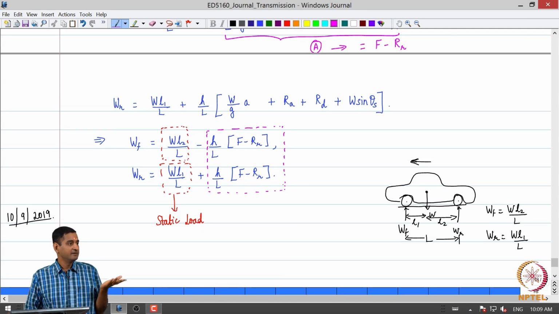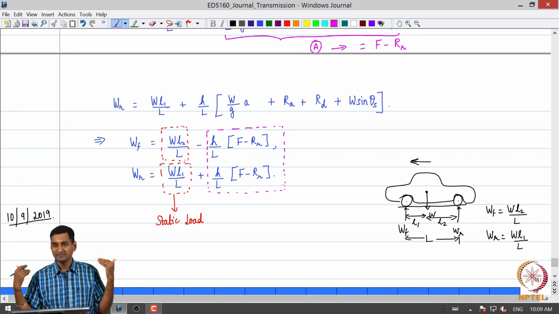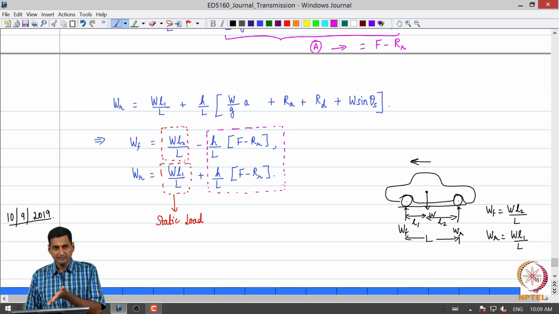Let us say we are sitting in a vehicle and the vehicle suddenly starts to accelerate. What happens to all of us? All of us tend to go backward. So the second term indicates the so called dynamic longitudinal load transfer that happens due to acceleration.